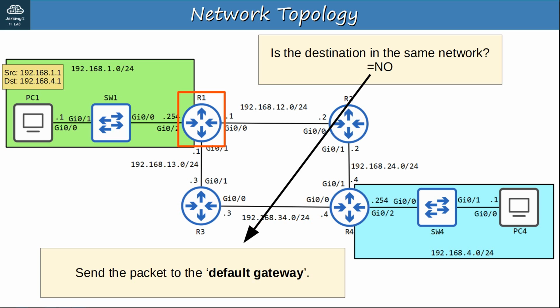Routers are the devices used to connect separate networks. For example, R1 connects the 192.168.1.0/24, 192.168.12.0/24, and 192.168.13.0/24 networks. So, to reach other networks, an end host will send the packet to its network's router, the default gateway, which is R1 in this case.